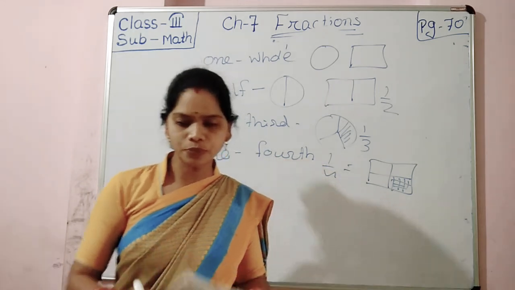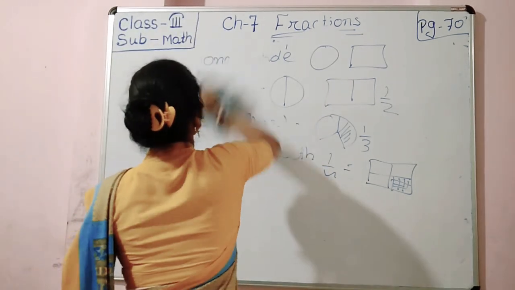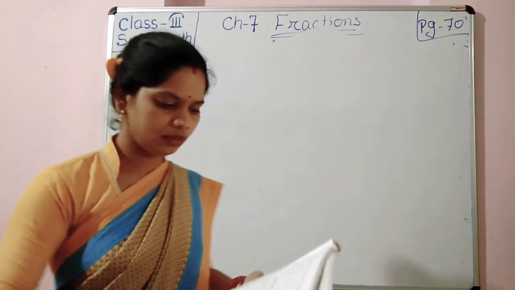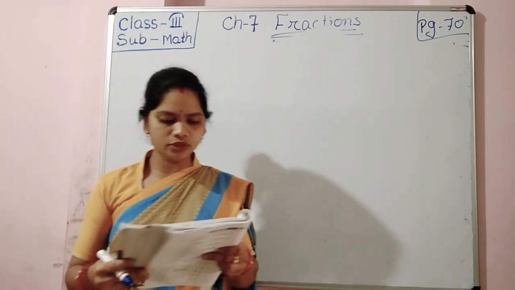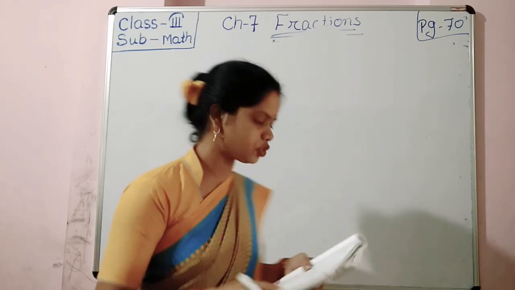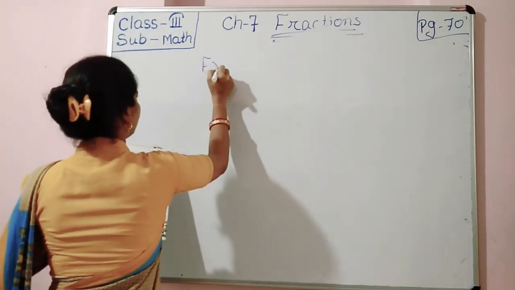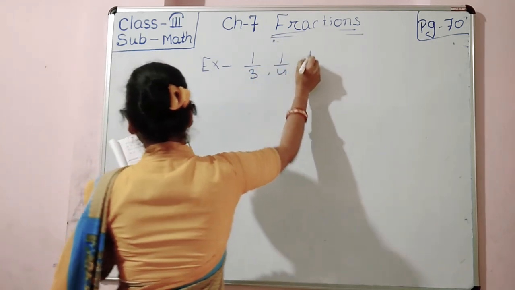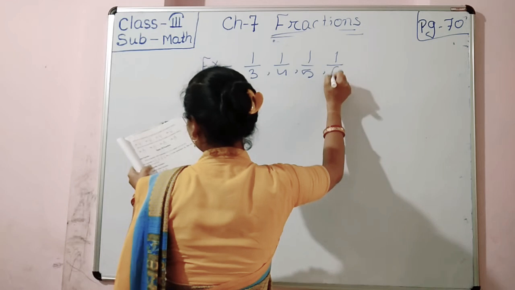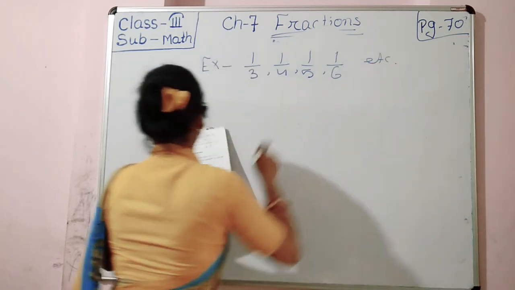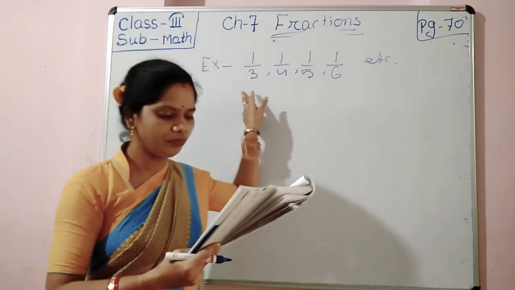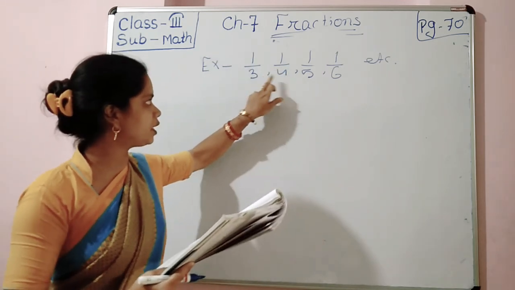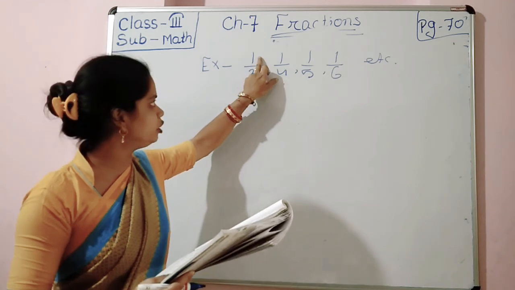Then types of fractions. Look, in a fraction where the numerator is 1, it is called a unit fraction. Let's take an example: 1/3, 1/4, 1/5, 1/6. Look at the example. Here 1 is the numerator, and here also the numerator is 1.